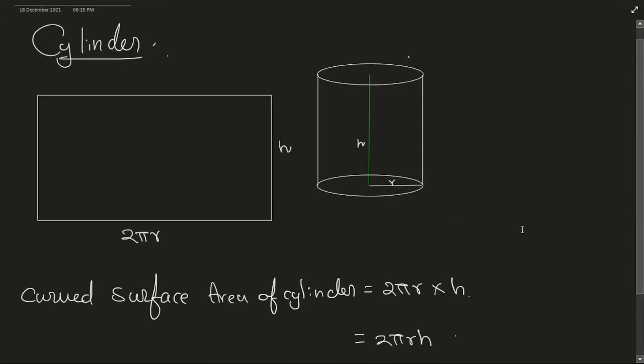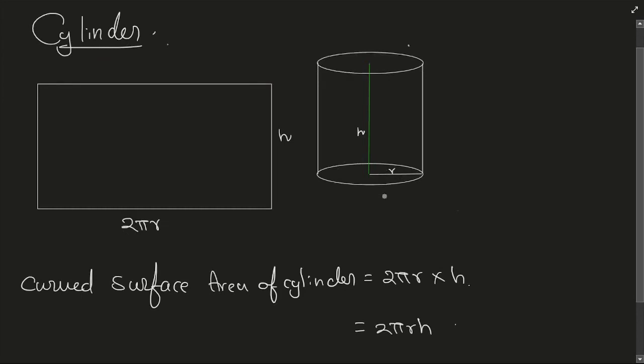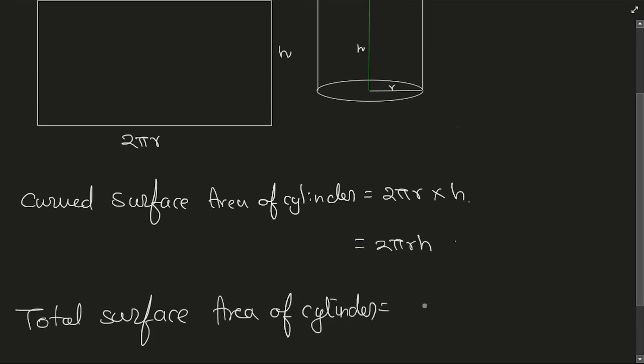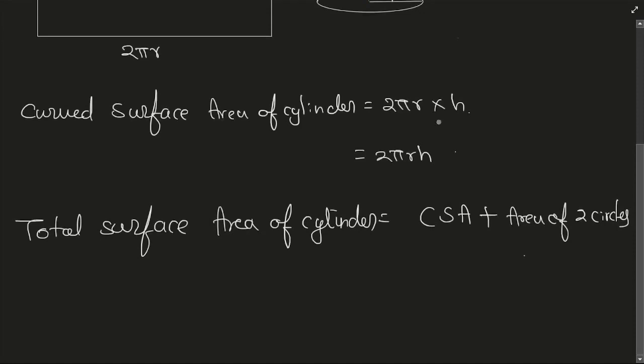The total surface area means this curved surface area plus the top area as well as the bottom area. So if I want to find the total surface area of the cylinder, it will be the curved surface area plus the area of two circles. The curved surface area is 2 pi rh.